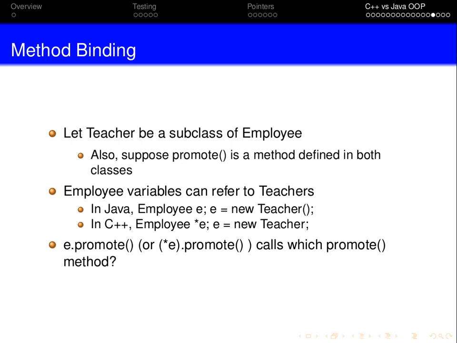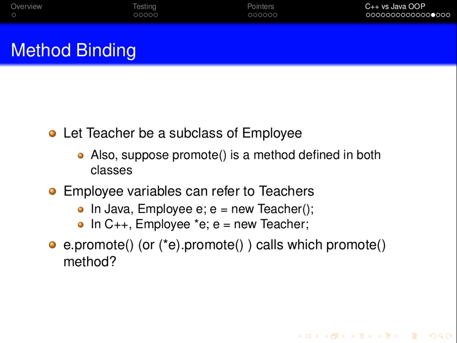Okay. So employee variable in Java, you have employee E, and you have E equals new teacher. That means that E points to, when you call E.promote on Java, well, actually, which one are you calling? Are you calling teacher's promote or employee's promote? Well, maybe y'all didn't do this. So in Java, you're calling teacher's promote.